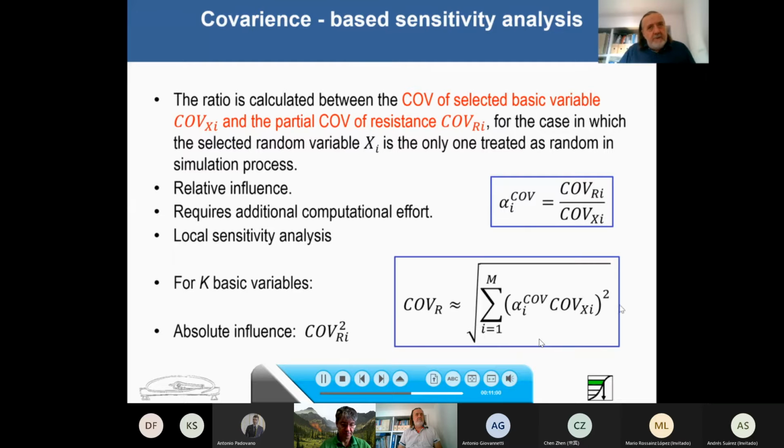This is partial coefficient of variation. So in such case, we can answer what is the absolute influence of variable xi to the coefficient of variation of the resistance.